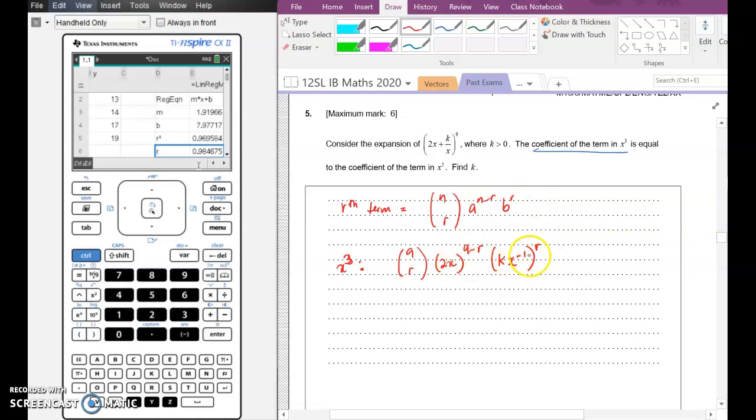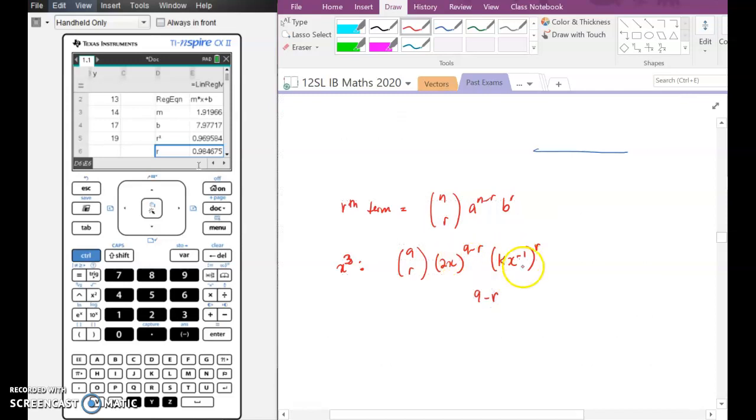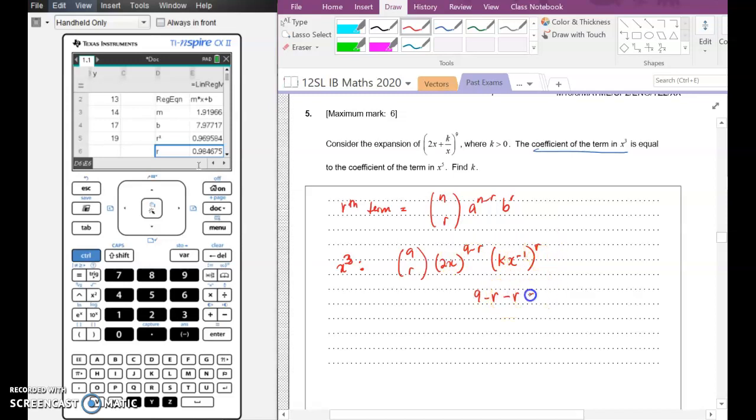That means to get x cubed from here, I'd look at my coefficients, which would be 9 minus r when I combine them, plus -r, and I want that to equal 3.